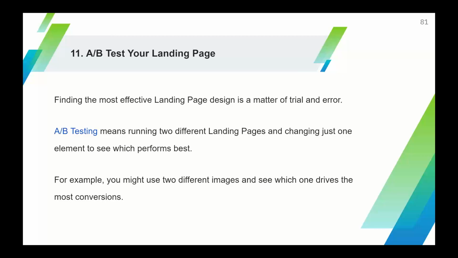So here's a more advanced step. Almost nobody does this, and it only works when you have many conversions. It doesn't really work for the ERC. I don't think you have many conversions. But if you do have many conversions, you want to split test your landing page. So if you really have, let's say, 10 conversions each day, then you can think about A/B split testing.